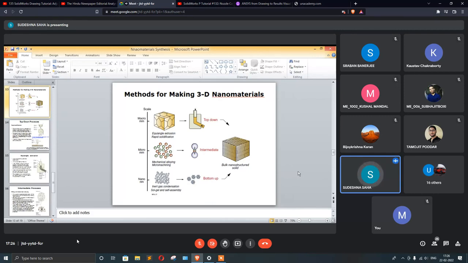But if you put it through some mechanical techniques, then you can create bulk nanostructured materials, where we will see that equal-angle extrusion and rapid solidification do create nanostructured materials from these macro or millimeter range materials.